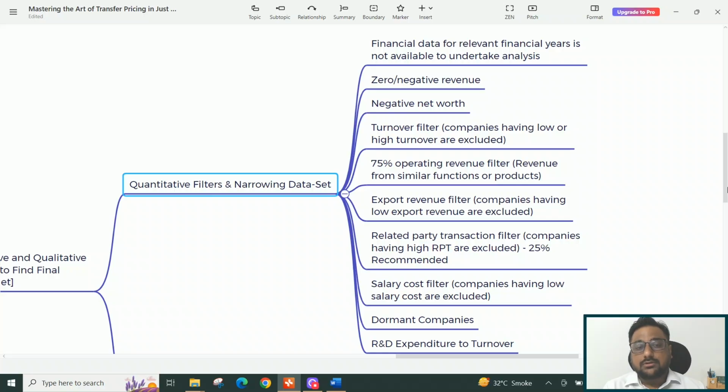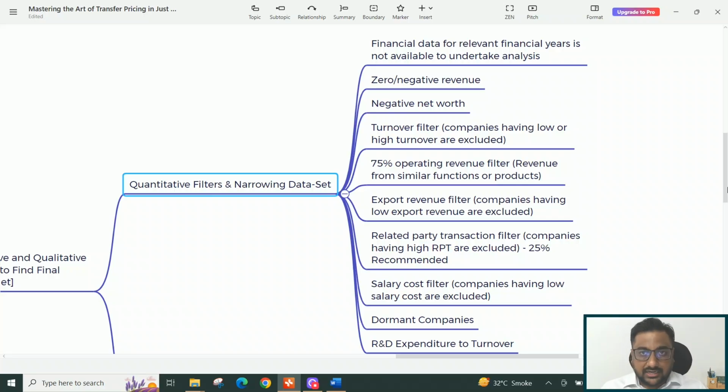The first quantitative filter is that financial data for the relevant financial year is not available to undertake analysis. Just assume that you have a data set, right? What is a data set? A data set is a list of companies with some financial numbers. When you search on the database, you get a list of companies. There could be 1,000, 2,000 or 3,000 companies, depending upon the query which you give.